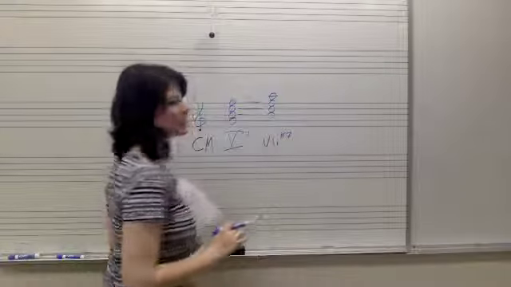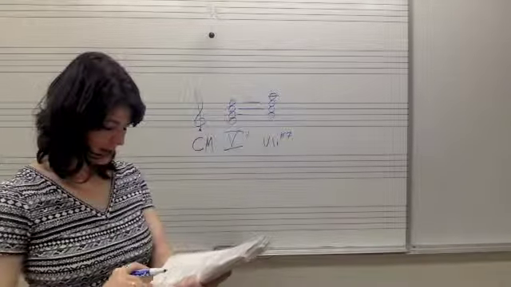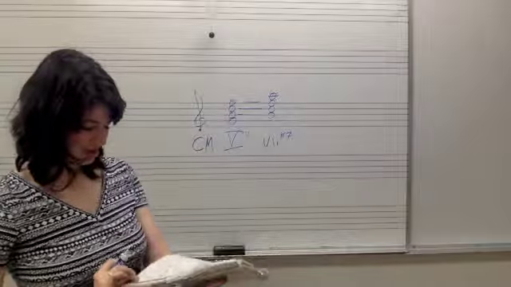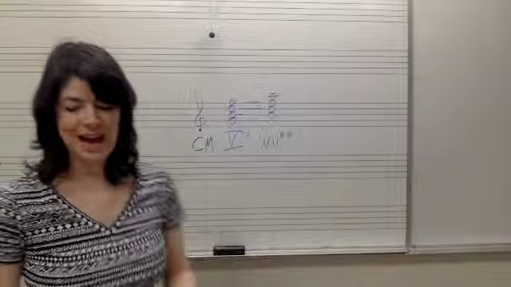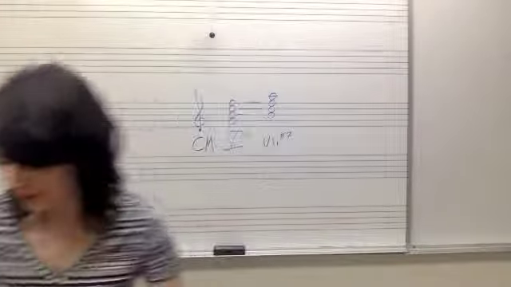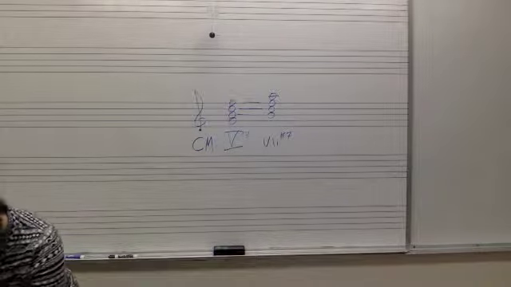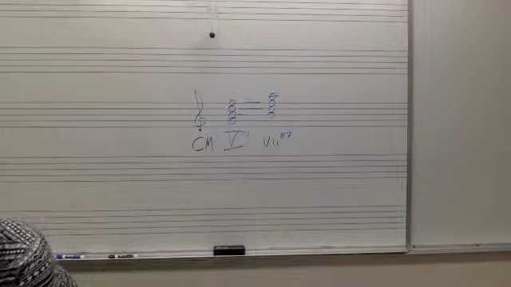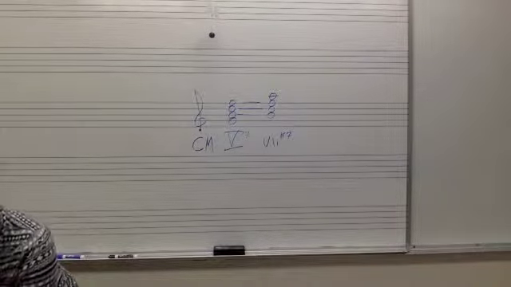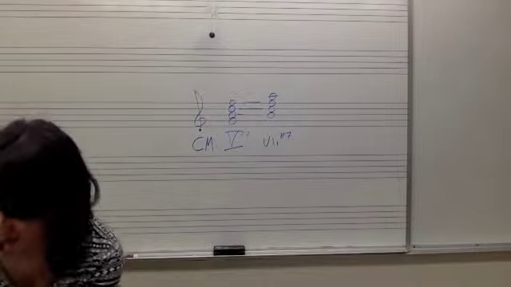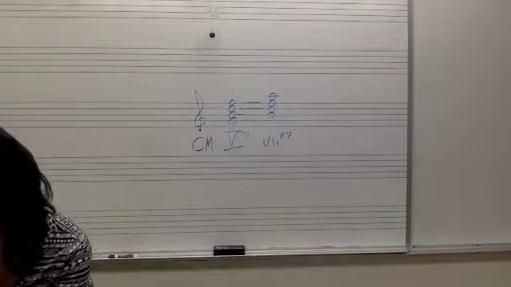So lots of times it actually sort of just is used as a replacement for a dominant 7th chord. So here's our dominant 7th. And here is our leading tone 7th.